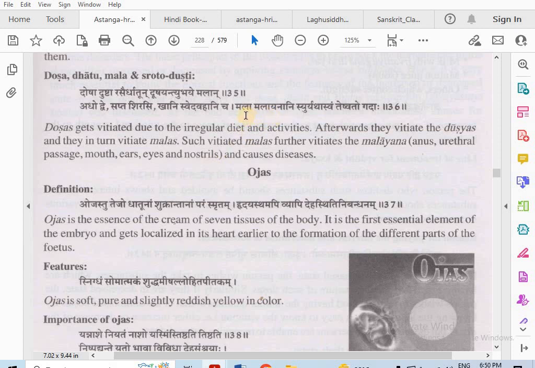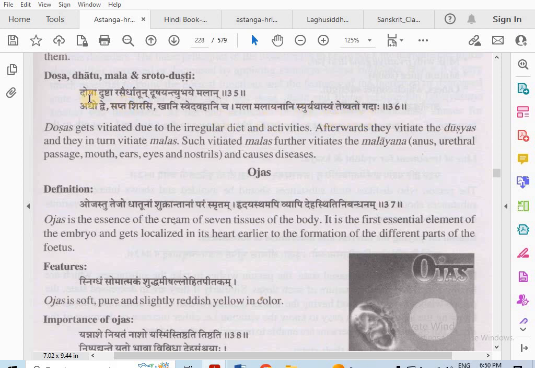So these malas vitiate these sites of waste product, and then syur yathasvam, syuhu plus yathasvam. Now when these malas get vitiated, syuhu means happen, occur. What occurred? Vitiation has occurred. Then yathasvam, accordingly. teshvatoho gadaha.